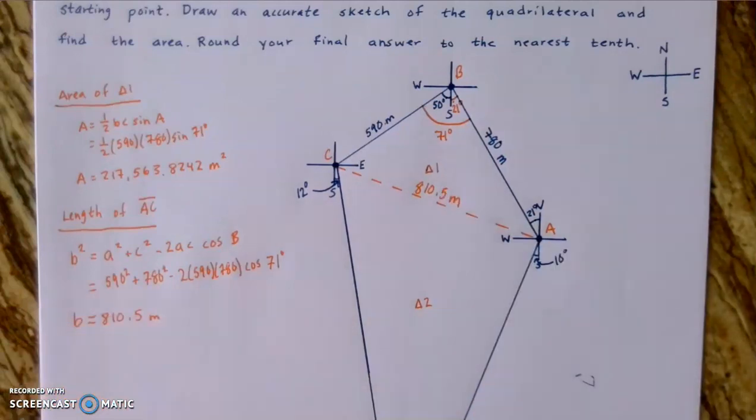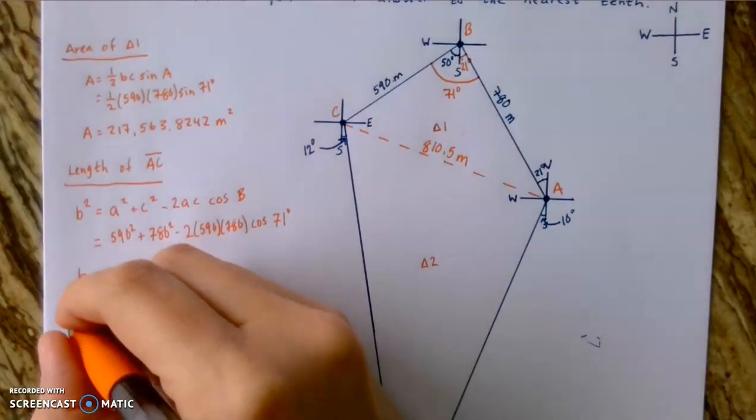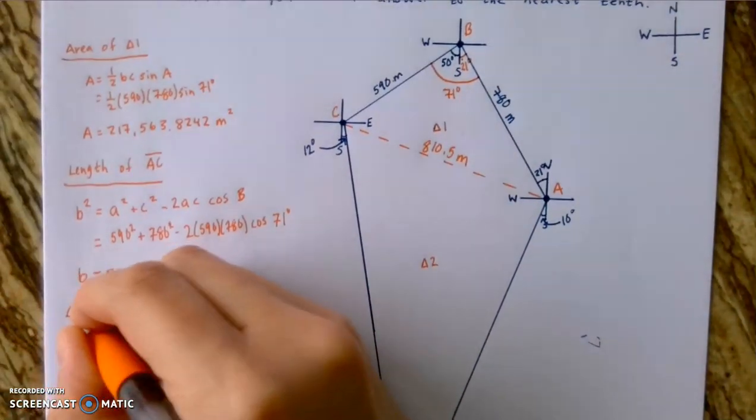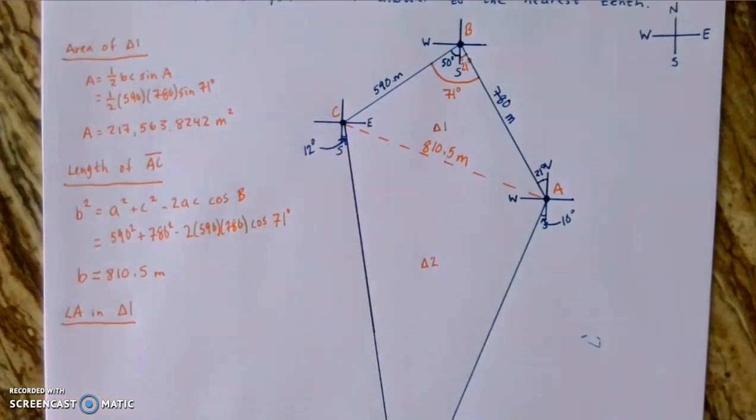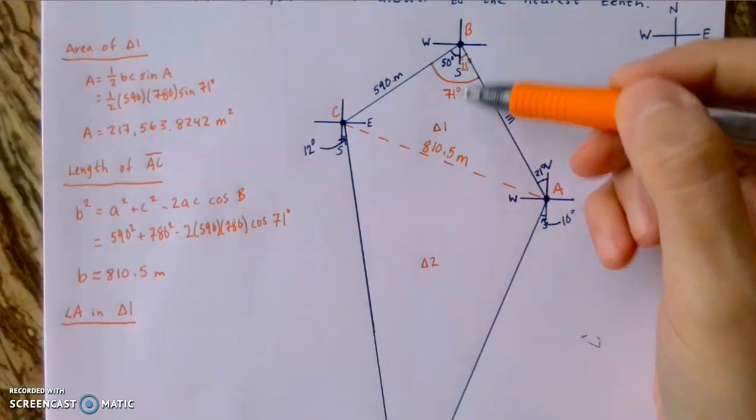Alright, so the way to do that, angle A in triangle 1, is I'm going to use law of sines. Okay, so I have a complete set right here.